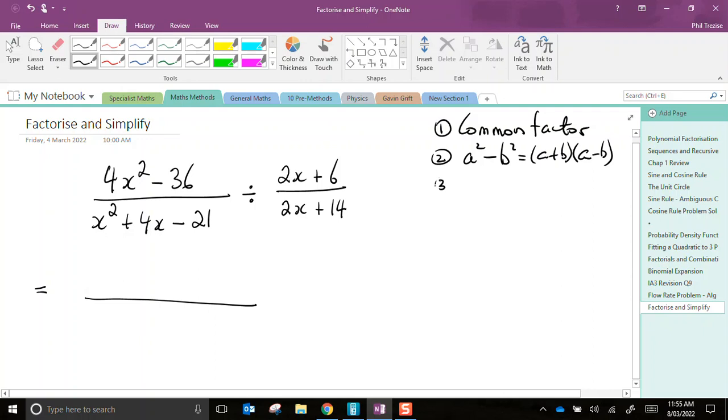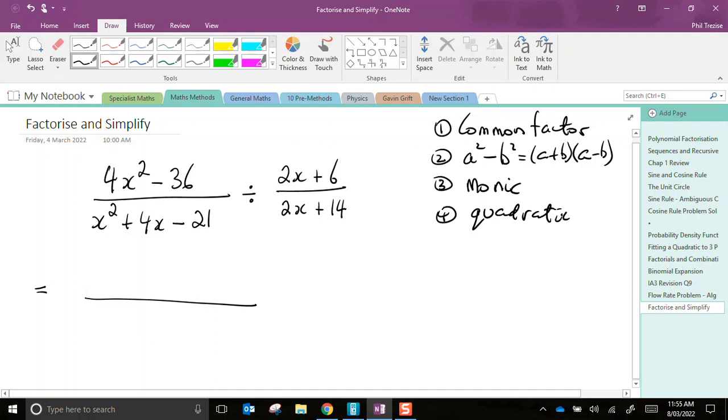The third thing I'd look for would be a monic quadratic expression. And the fourth thing I'd look for would be other quadratics, if they were there. That's probably the order of increasing complexity as well.